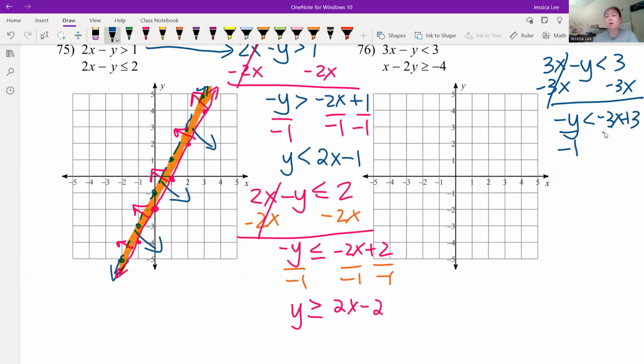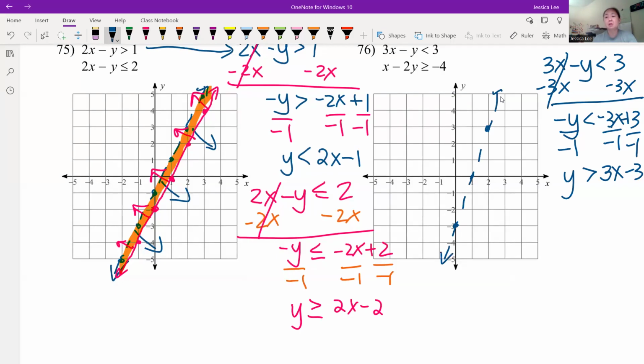And we're going to divide by negative 1 for everything. Y, again, I'm sorry. I don't know why they're all divided by negatives. Anyways, we're going to flip it. And negative 3 divided by negative 1 is just going to be positive 3x minus 3. And so we're going to go over to minus 3. Go up 3 over 1. This is going to be a dashed line.